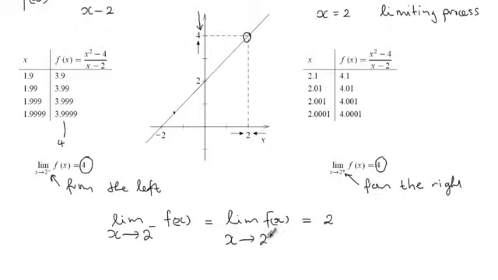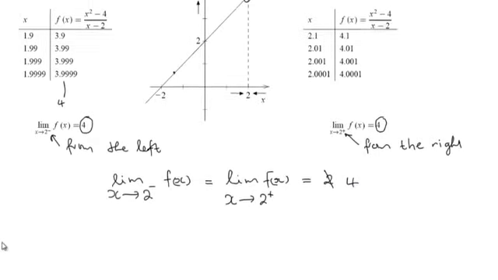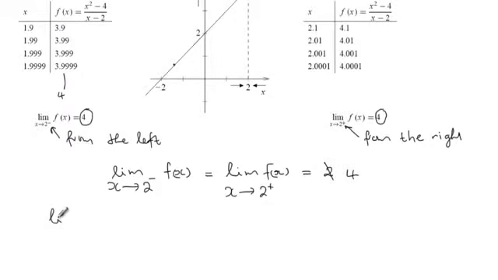Sorry, I wrote a 2 there, this is supposed to be 4. That was a slip of the pen. Now when the limit from the left and the limit from the right coincide, then we say the limit of the function f of x exists. When would you say it does not exist?